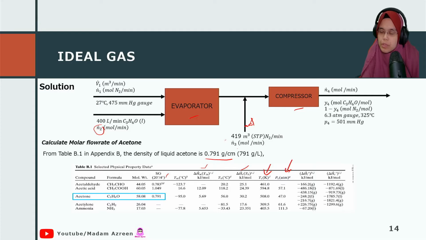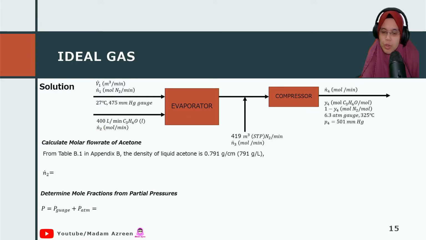Okay. And then we can determine the value of N2, because once we have a volume and a density, we can get a mass, and then from mass we divide by molecular weight, we can get the mole.